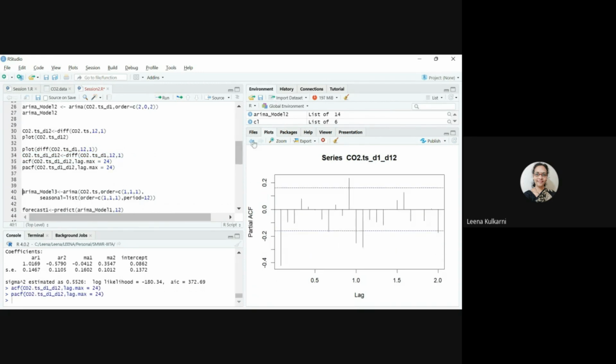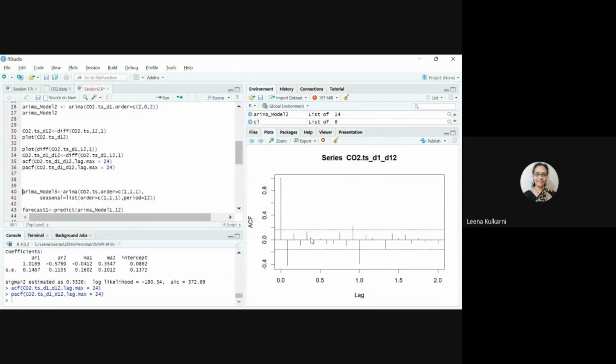You can see that the autocorrelation function is going to zero very quickly. Most values are not significant except a few. You can see significant spikes at certain values. You can observe the lower bound and upper bound given by the blue dotted lines here.